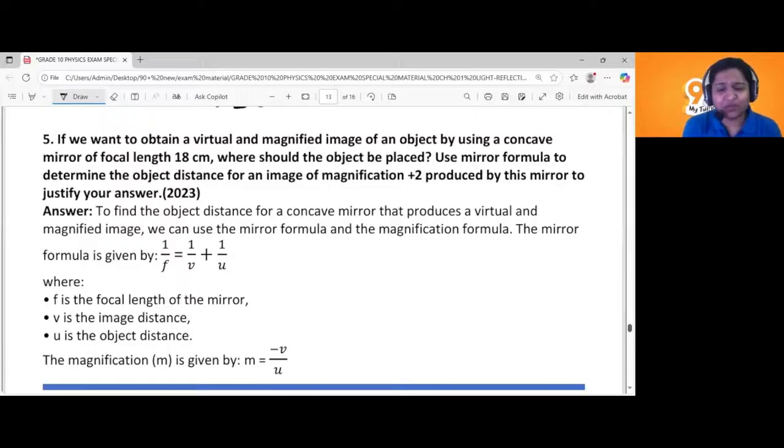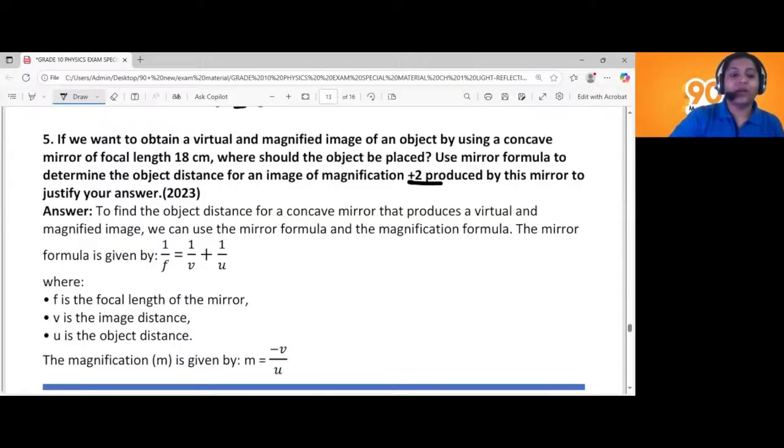We have to keep the object between P and F. Focal length is 18, concave mirror. Where should the object be placed? Use the mirror formula to determine the object distance for an image of magnification +2 produced by this mirror to justify your answer.